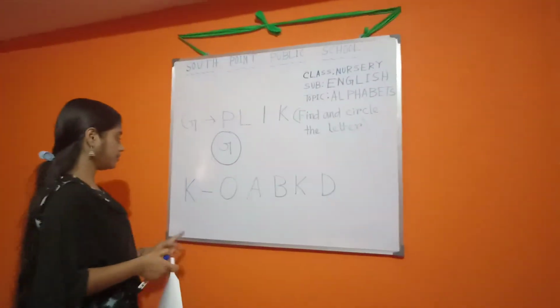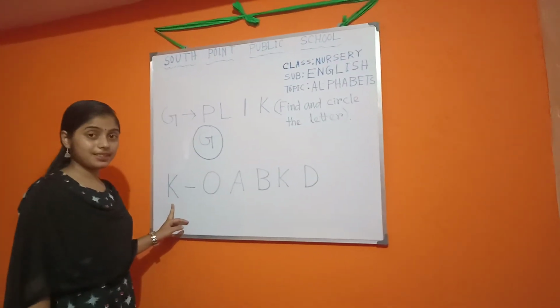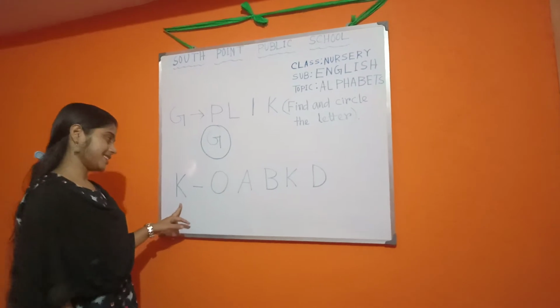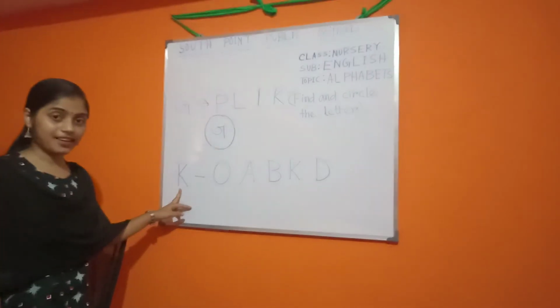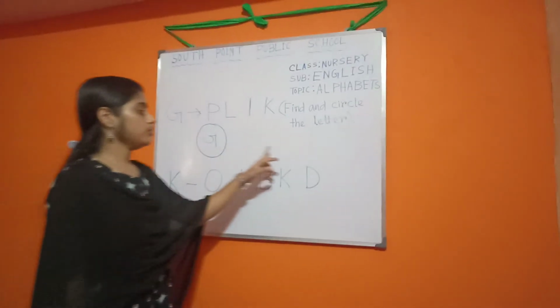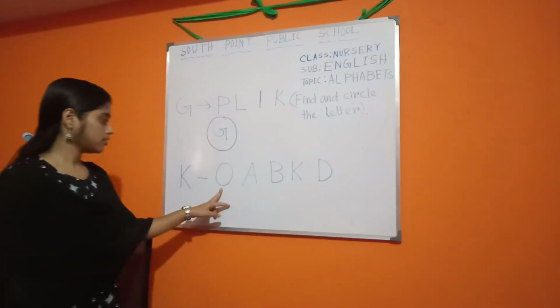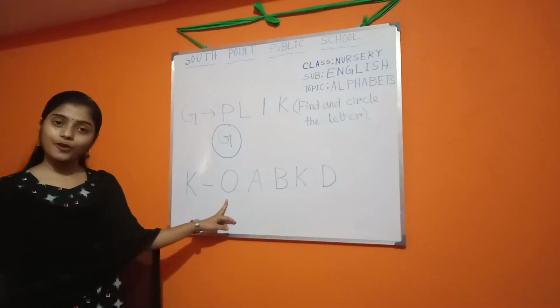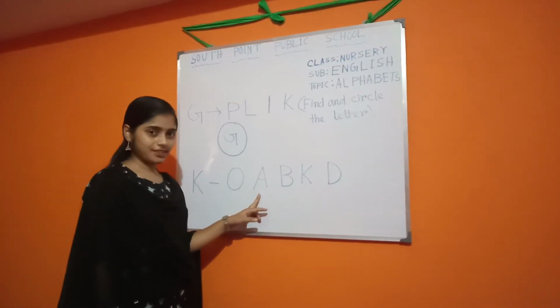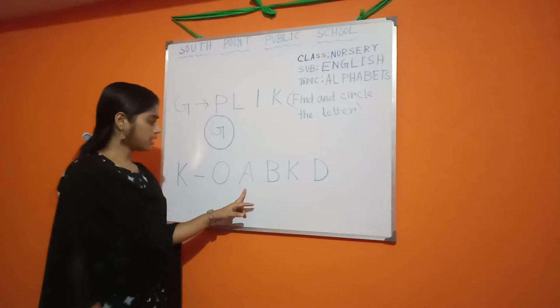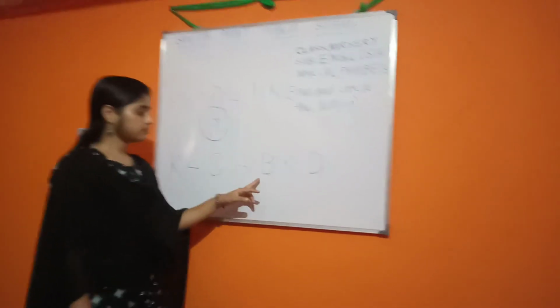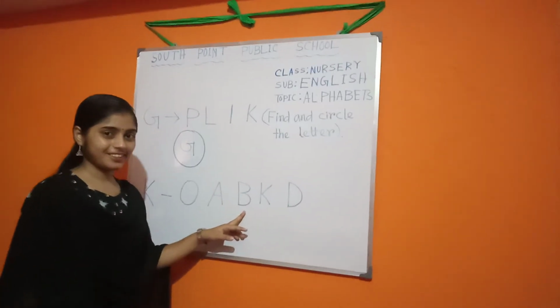Students, tell me, which letter is this? Yes, this is K. Now, find out where is K? Is it K? No, it's O. Is it? No, it's A. Is it?